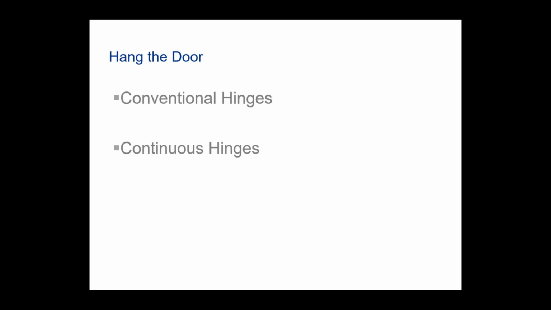They can be continuous hinges, and that is most commonly referred to as a piano hinge. And that is a hinge that goes from the very top of the door to the very bottom of the door. And it allows the pivot point to be across the entire leaf of the door, and it also allows weight distribution to go from the top of the door to the bottom of the door.